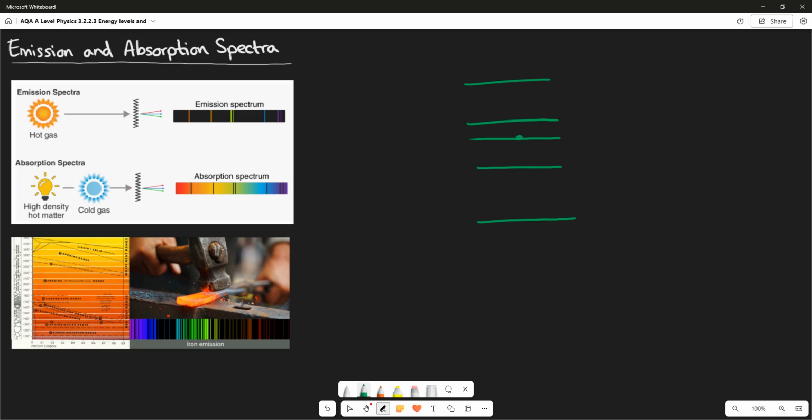When an electron falls from a high position to a low position, it emits a photon of that energy, and therefore that frequency and that colour. It may be that the electron falls down in steps, and if it does, then it gives out a photon for each step that it falls through, and therefore the photons given out would have different frequencies.